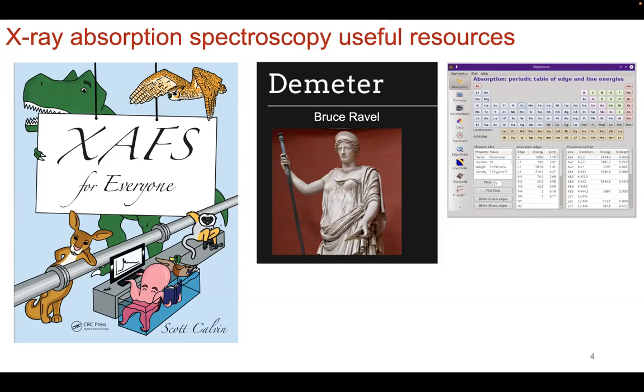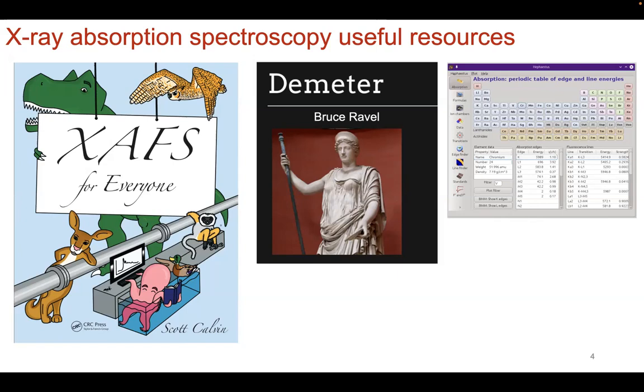If your personality is more, let's just get into the lab and break some things and then I'll learn from it, there is an animal that fits that personality as well. So depending which personality suits you, you can follow the different tracks for trying to understand the derivation of X-ray absorption fine structure, which is why the book is called EXAFS for Everyone. Okay, so that's that.